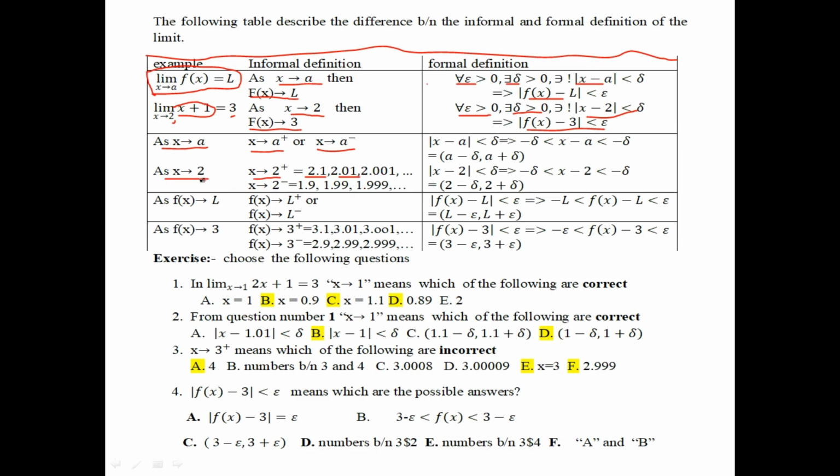And as x approaches 2 from the left, it means values between 1 and 2, such as 1.9, 1.99, 1.999, and so on.